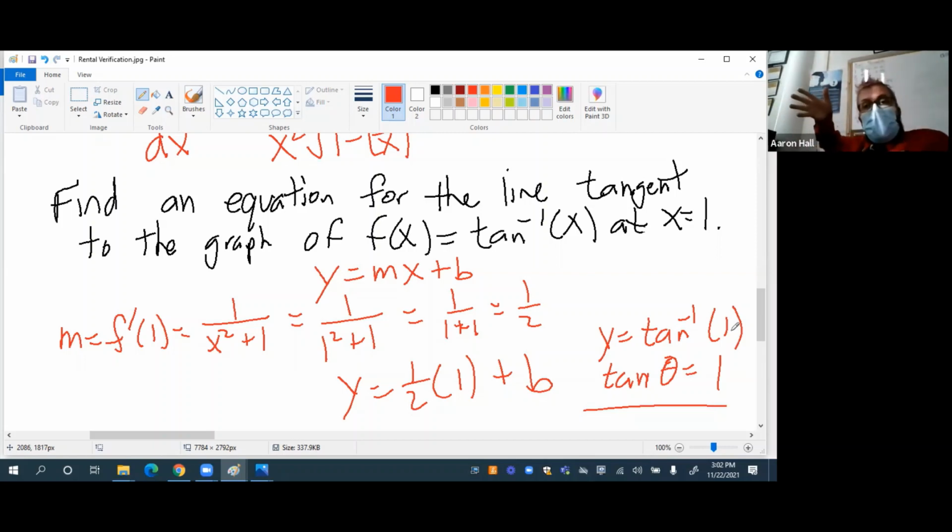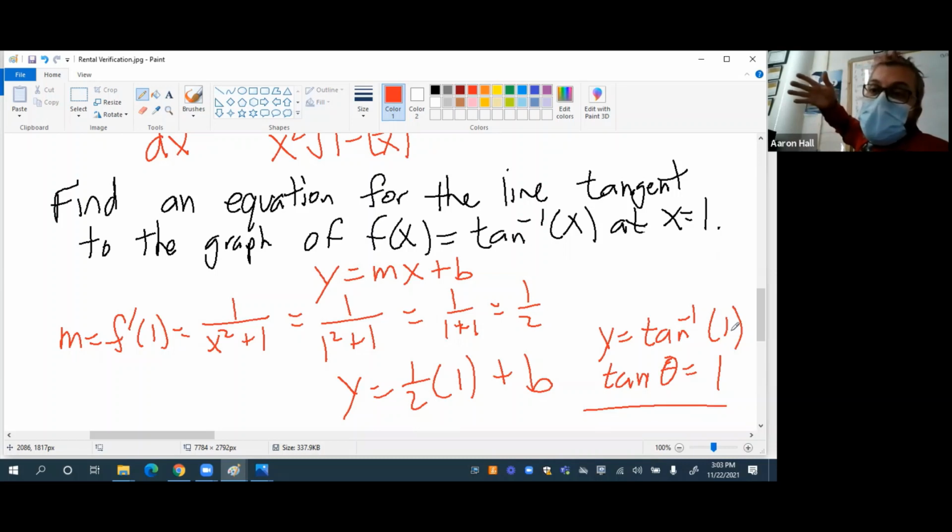Remember our hand trick? Remember that tangent of x, using our quotient identity, is equal to sine of x over cosine of x. So if sine of x over cosine of x equals 1, then what finger do I put down so that sine of x and cosine of x are the same so that I get 1?